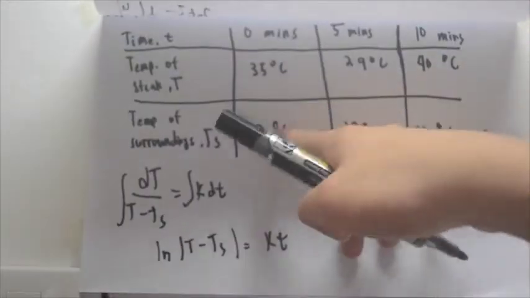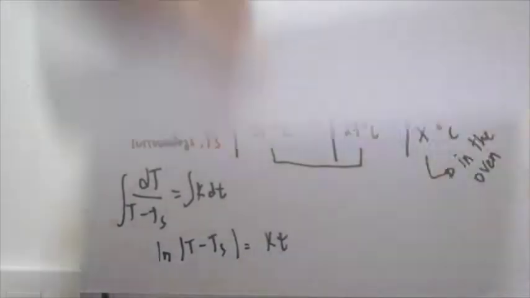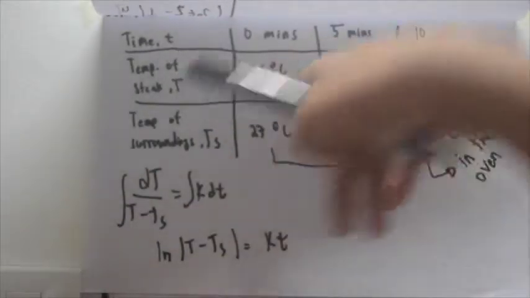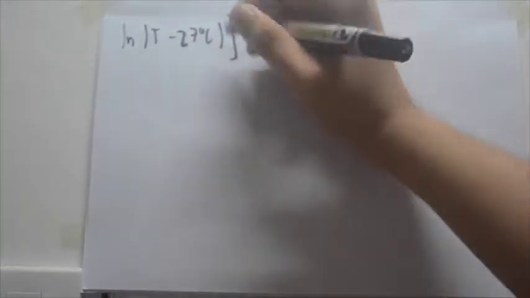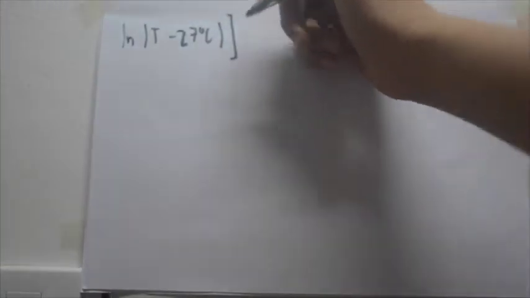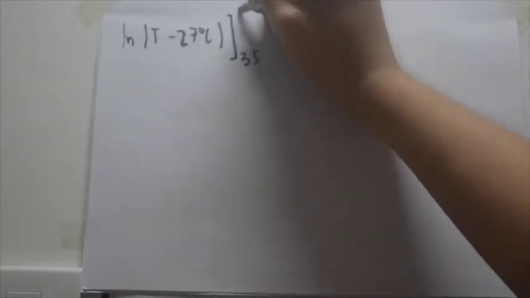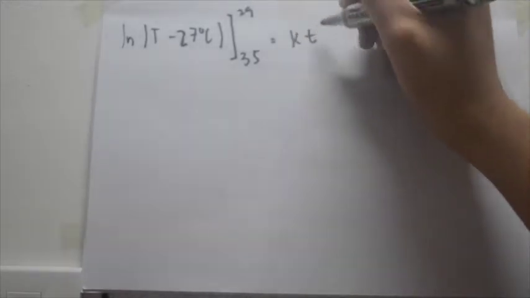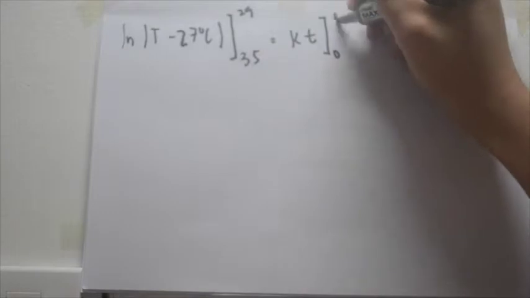Next page. So in the next page, we will write ln of T minus 27 degrees Celsius, which is actually this, and which goes from 35 to 29 degrees Celsius, is equal to kt, where t goes from 0 to 5 minutes.